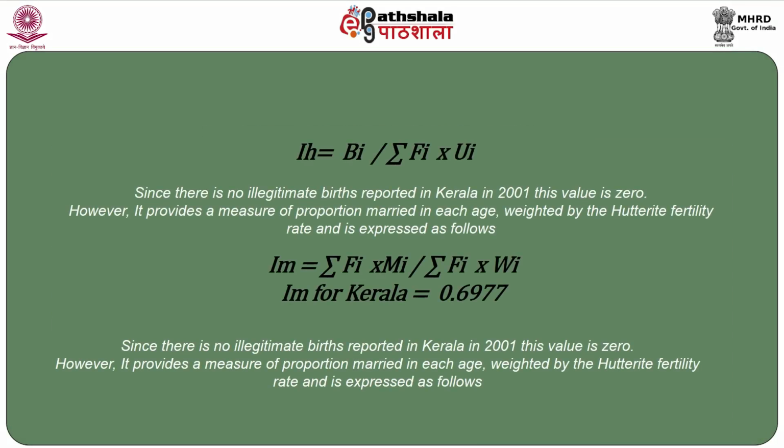The next slide gives the formula, and of course there are no illegitimate births reported in the Kerala 2001 census. Because of that, this value would be 0.